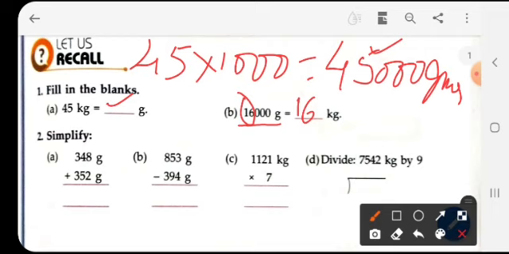Right? Now, while simplifying it, we will place the numbers according to grams and kilograms. So here we are going to simplify 348 grams and 352 grams. We'll add these two numbers, and the simple addition method is to be used to write this answer.